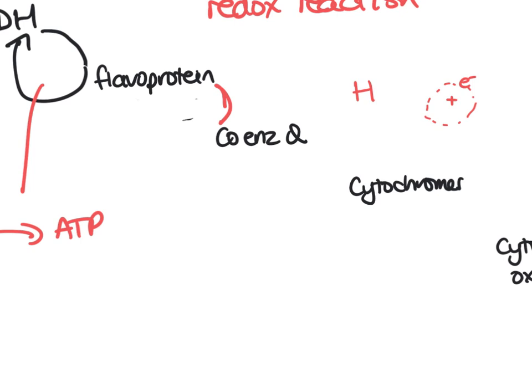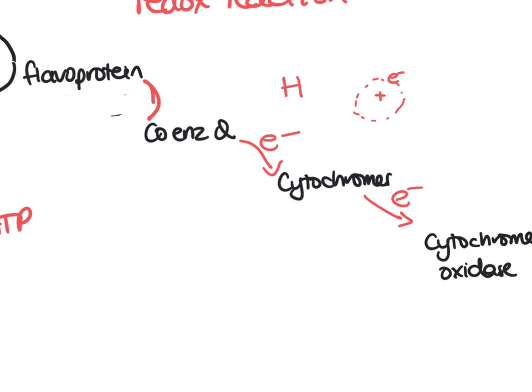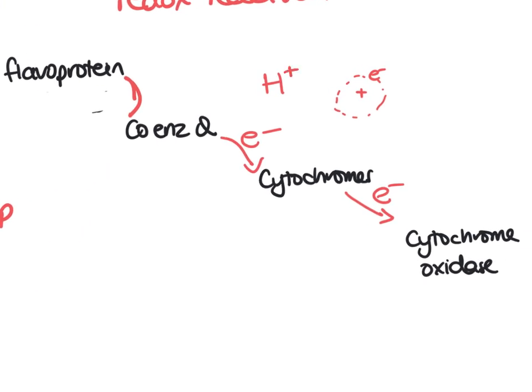The electron separates, and it's the electron that gets passed down these stages. The hydrogen is what you're left behind with. If you lose the electron, you're left with the positive proton in the middle, which is basically the hydrogen ion.